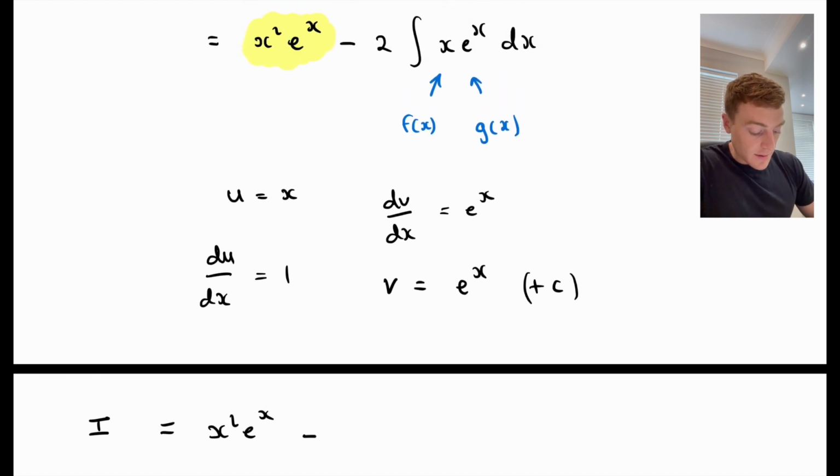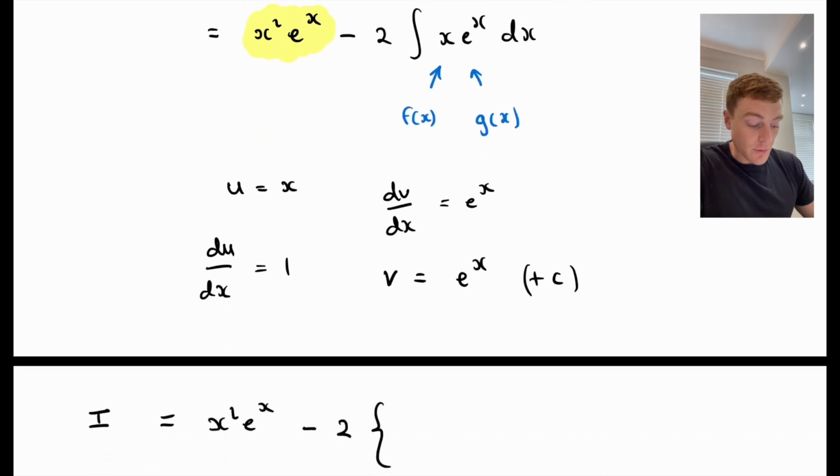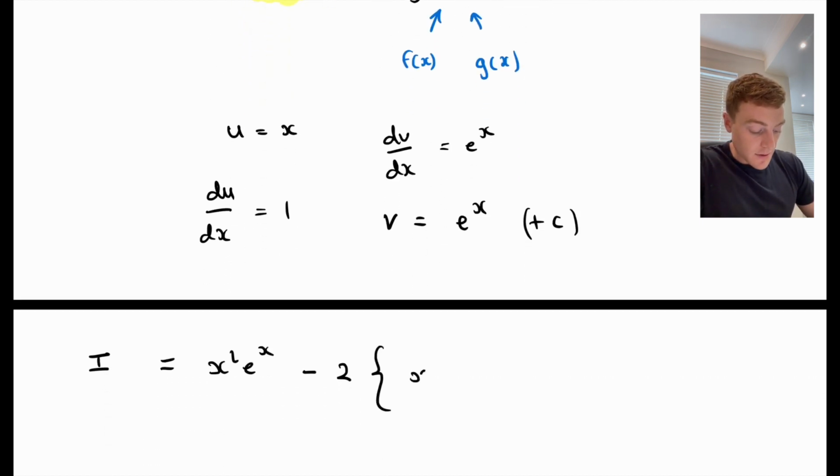Now take away 2 lots, and then this is where I'm applying integration by parts again in this section here. So minus 2 lots, applying the formula u times v, so x e to the x minus the integral of v, e to the x, times du by dx, which was 1 dx.